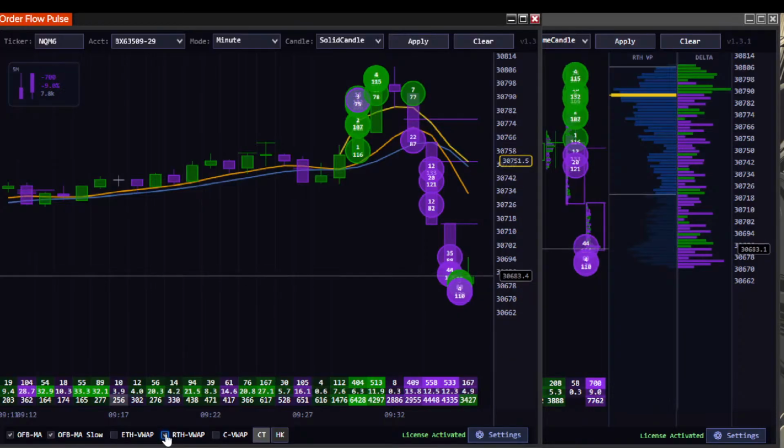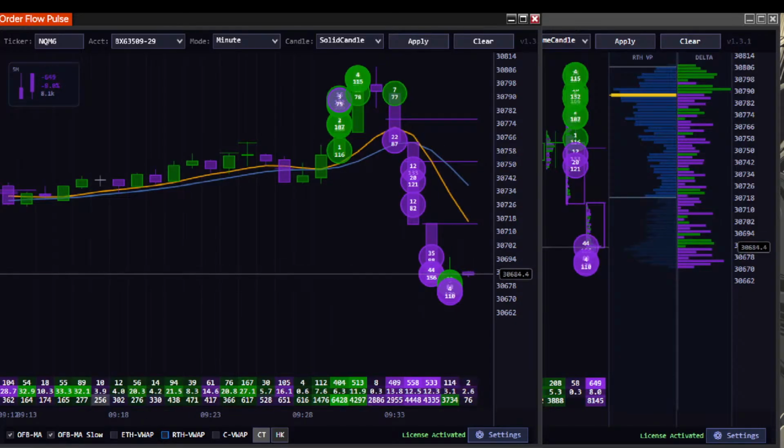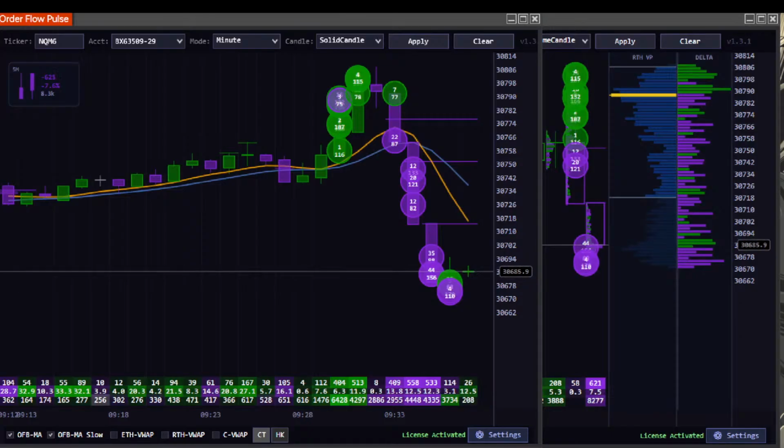We're definitely below the New York VWAP. Let's look at NQM6 on a 5 minute.